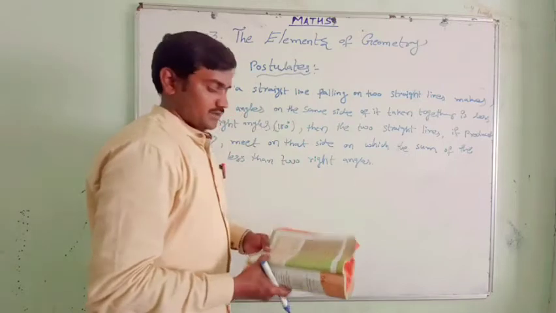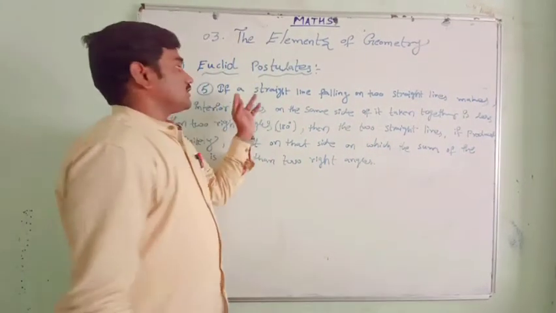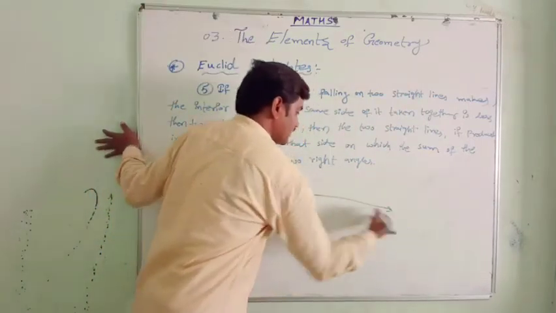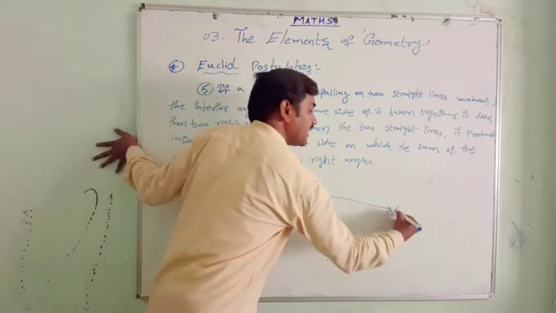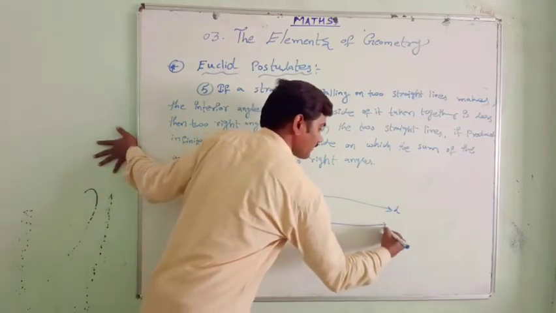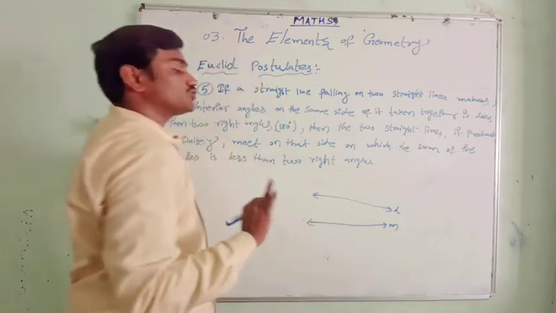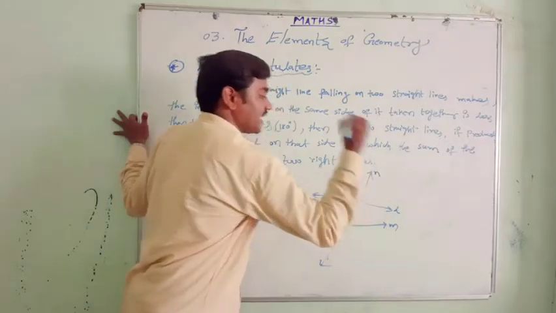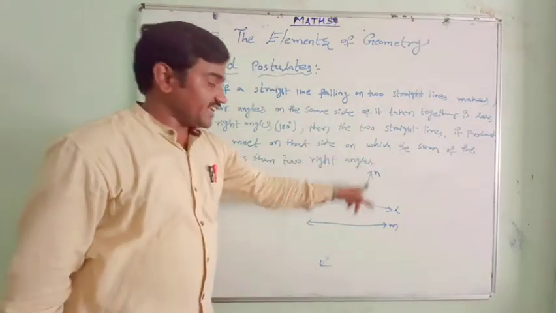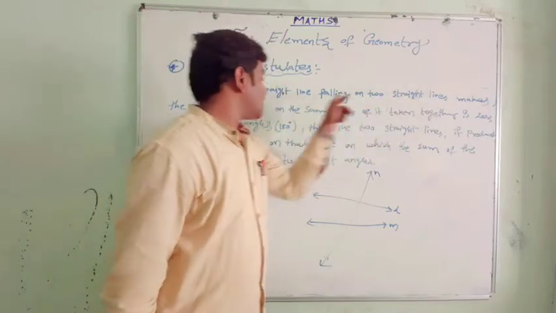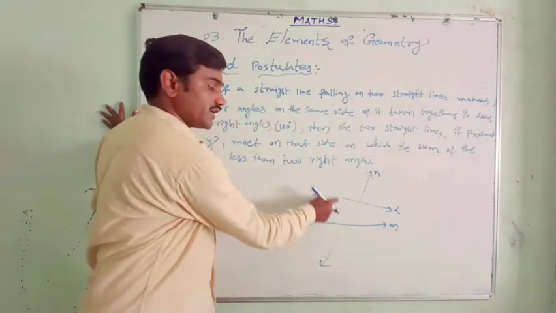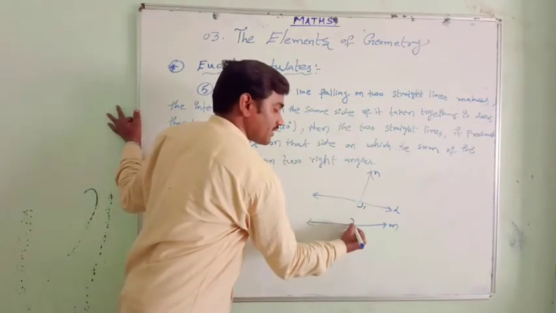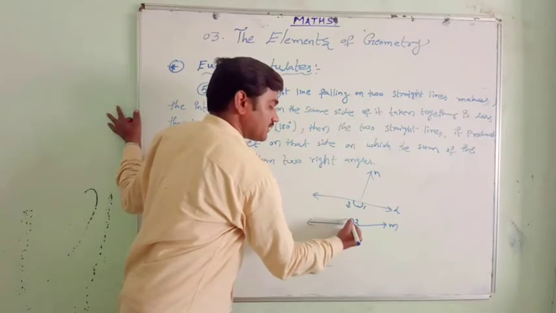Yes. So, if a straight line falls on two straight lines, suppose I take two straight lines like this: line L and line M. These are the two straight lines, and one more straight line, suppose this is N, falls on them, making interior angles: angle 1, angle 2, angle 3, angle 4.